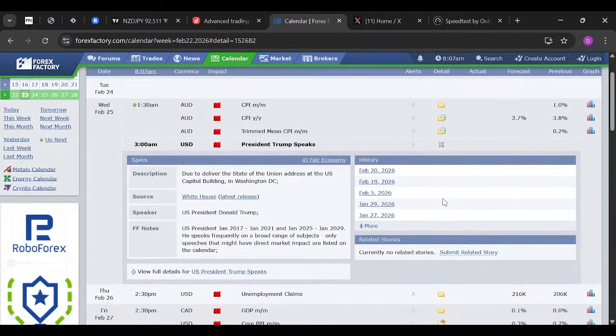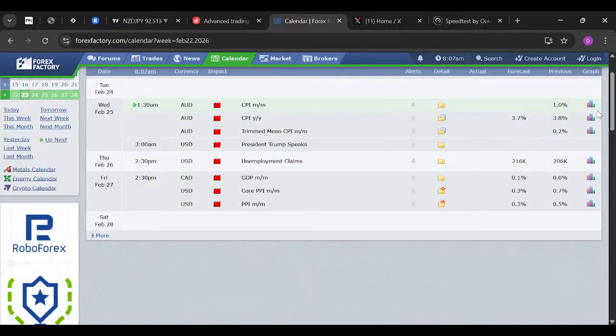He is due to deliver the State of the Union address at the U.S. Capitol building in Washington D.C. Only speeches that might have direct impact are listed on the calendar. Alright, so they're going to be having a meeting in Washington D.C. and he's addressing the union there.